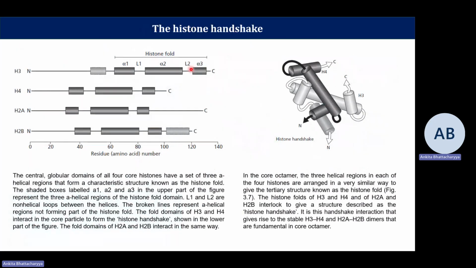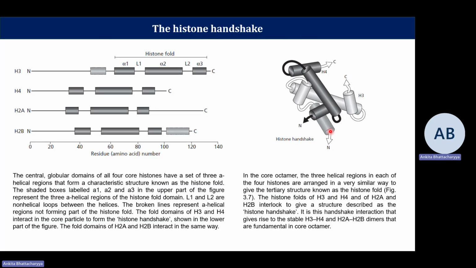Then the histone handshake was the next concept we talked about. So you have these four core histones. They have three alpha helical regions that form this characteristic structure called the histone fold. There is alpha 1, alpha 2, and alpha 3, which represent the three alpha helical regions. L1 and L2 are the non-helical loops.